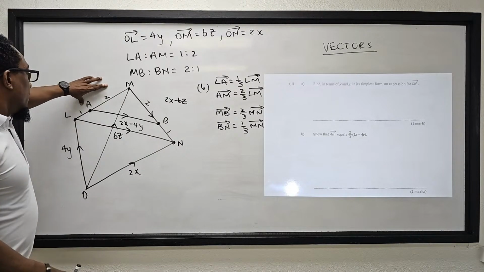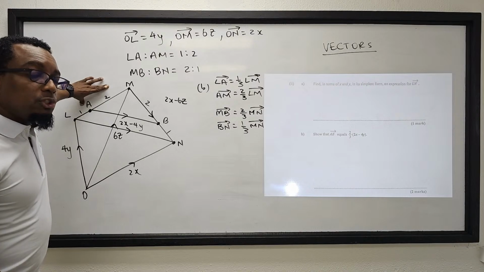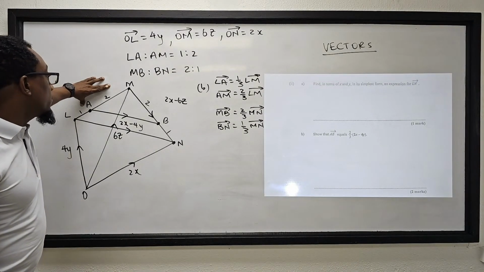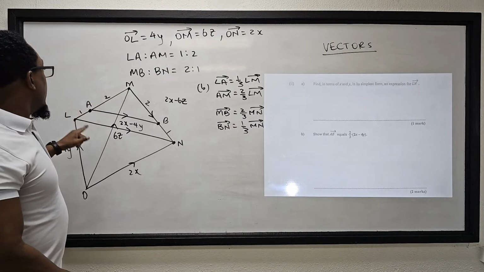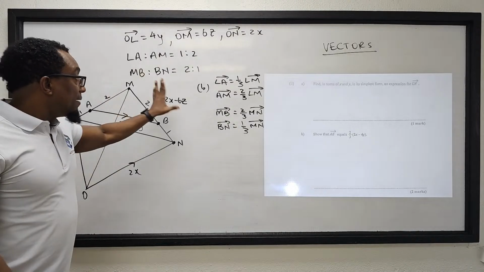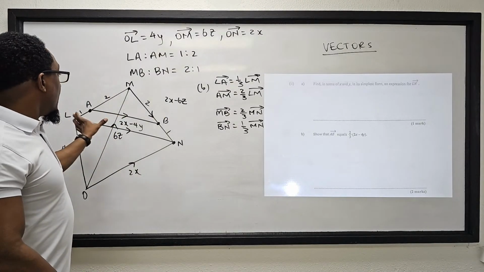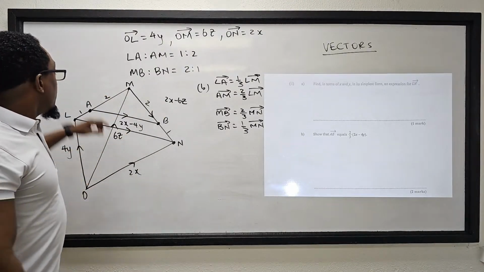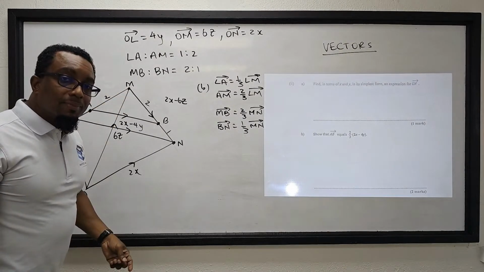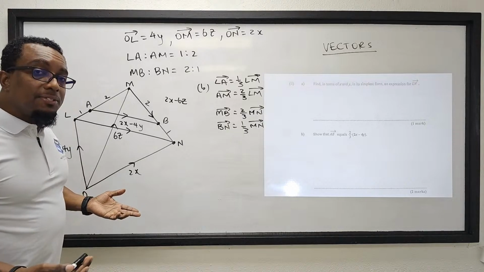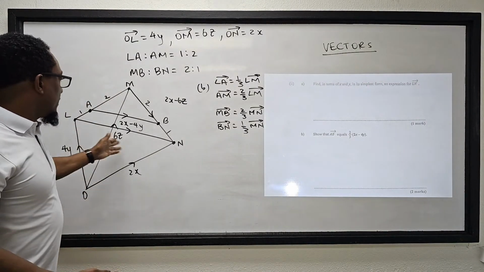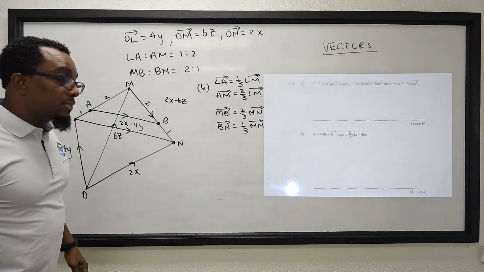So does LM fall within a triangle where we have the magnitudes of two vector quantities? LM falls within this triangle LNM, where we have LN and we have MN. I'm also seeing where LM falls within the triangle OLM. So any of the two triangles we can use and we'll get the same result. So I'm going to use the triangle OLM because it's easier to work with those magnitudes.